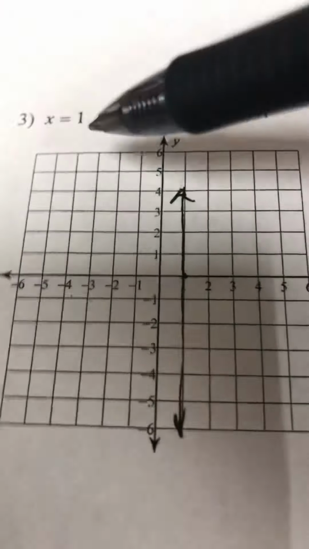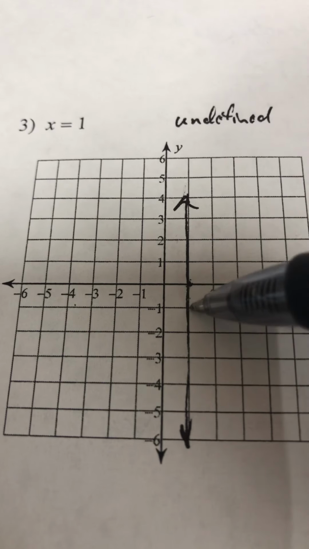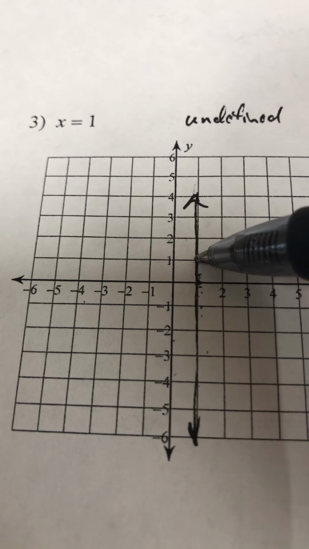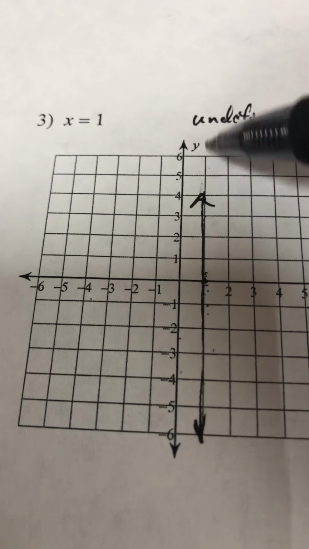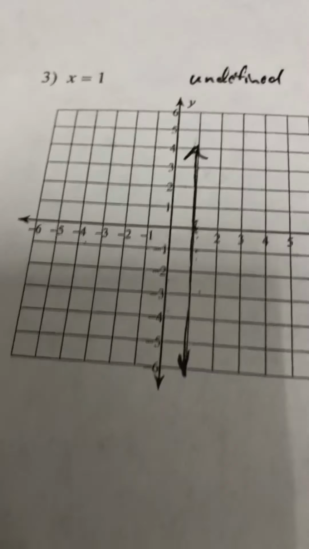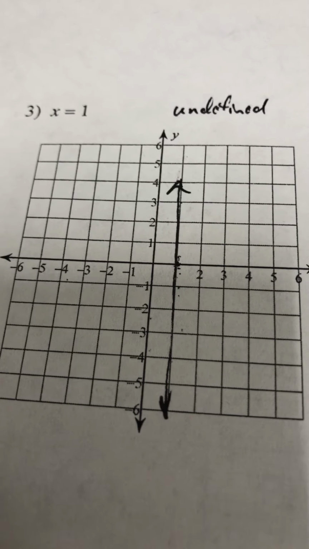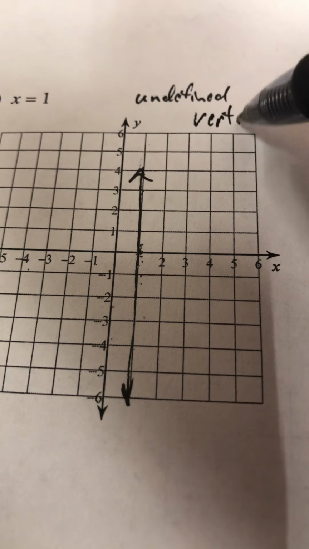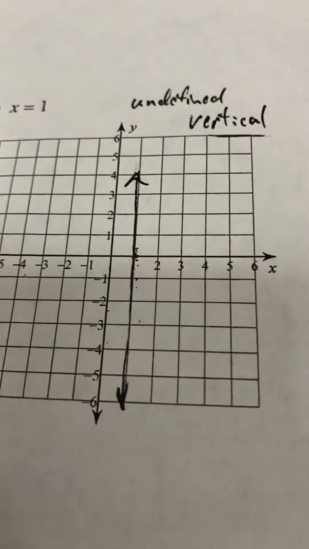This is an undefined slope where x equals 1. No matter what y is, my x is going to equal 1, all the way on this line. When it's vertical, it is undefined. All vertical lines are undefined.